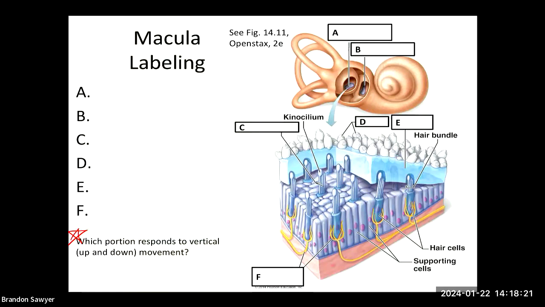All right, so you're just sending in one of those two macula, the one you think would be the one that responds to vertical movements. Just take a guess. If you have no idea, that's fine. We'll talk about it.